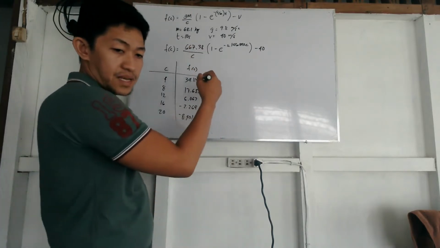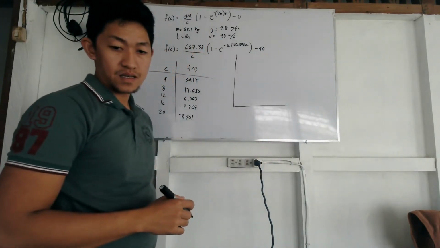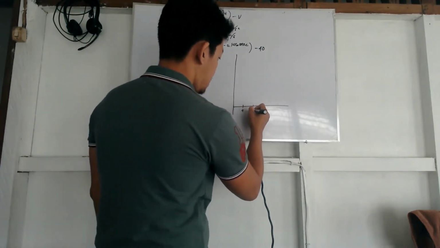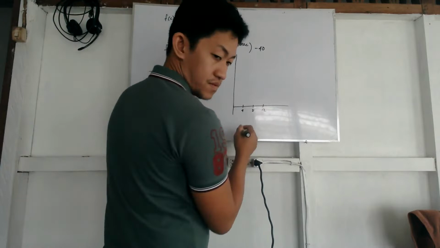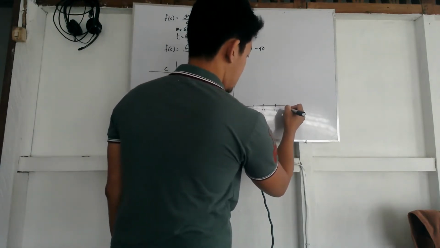So if we graph this, we have 4, 8, 12, 16, 20.